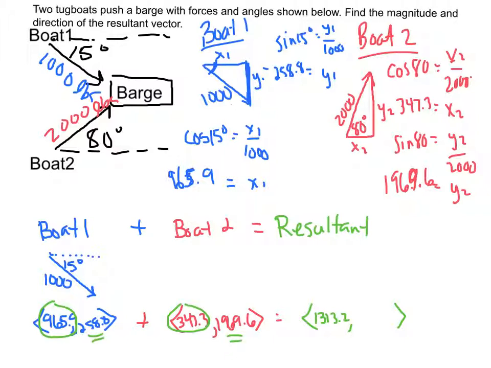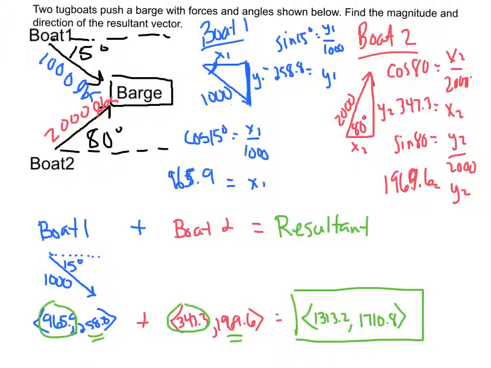And remember, the y component on boat number 1 is negative, so we're going to have 1,969.6 minus 258.8. And that gives me 1,710.8. So we have our x and y components of the resultant vector.